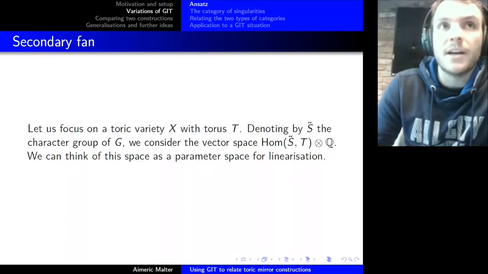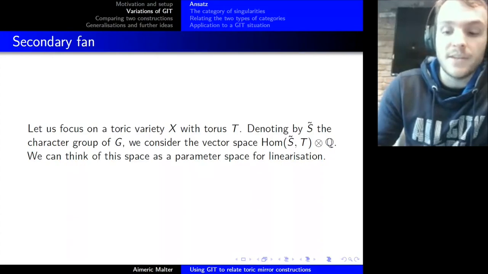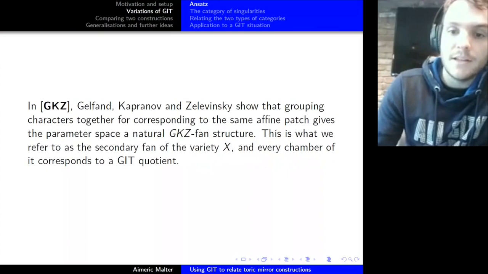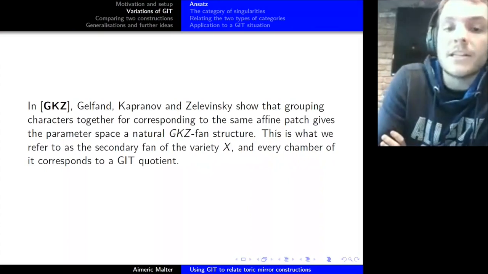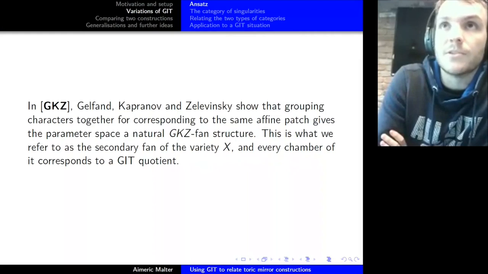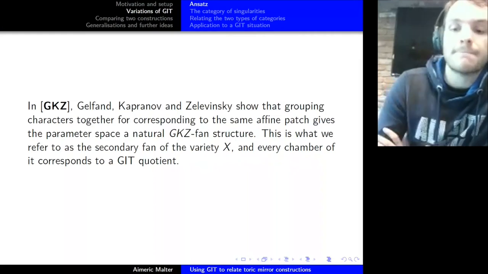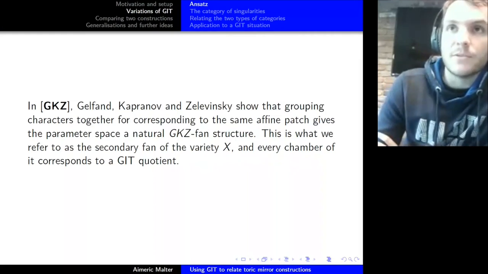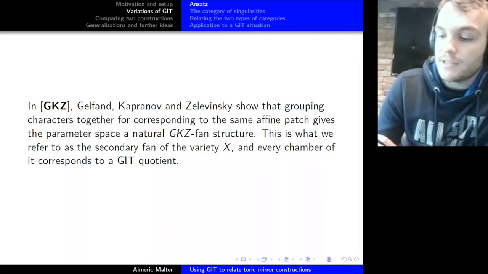That is proven to be a GKZ fan. It's called the secondary fan of the toric variety that we started with. And each chamber of it will correspond to a different GIT quotient. And that is the fan that we considered earlier with the chambers sigma P and sigma Q.